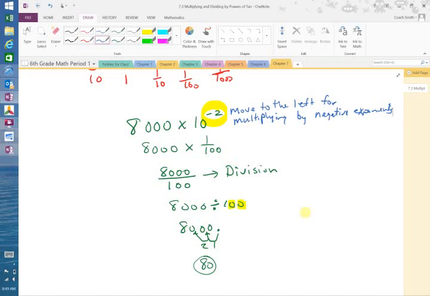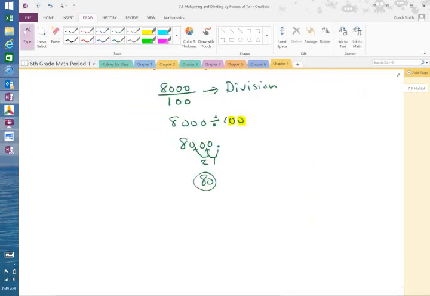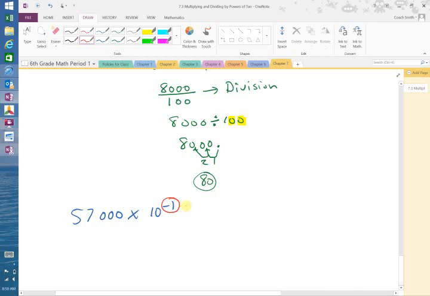Okay, so let me look at one other one like that. I found one. If we have 57,000 times 10 to the negative first power, that means move the decimal to the left one spot.